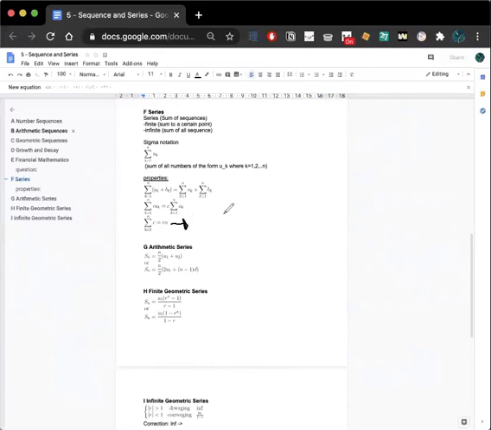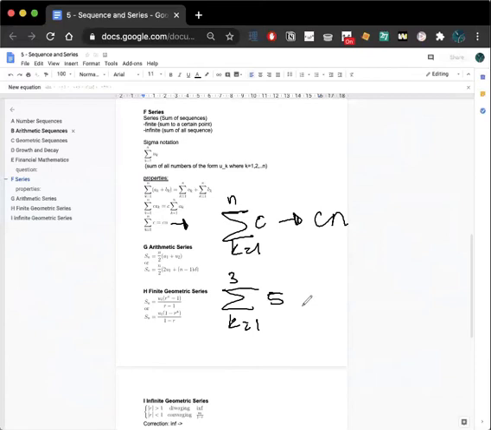For this one, if you have a constant inside the sigma, then the result would be c times n. The reason is, let's just say we have k from 1 to 3, and the constant is again 5.